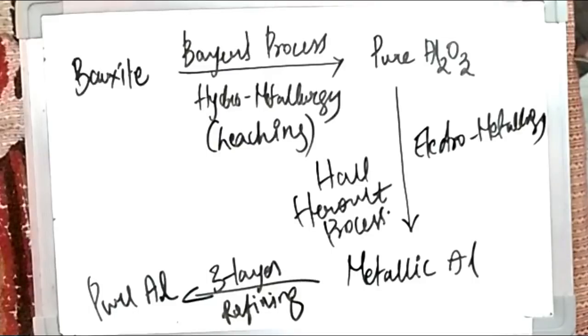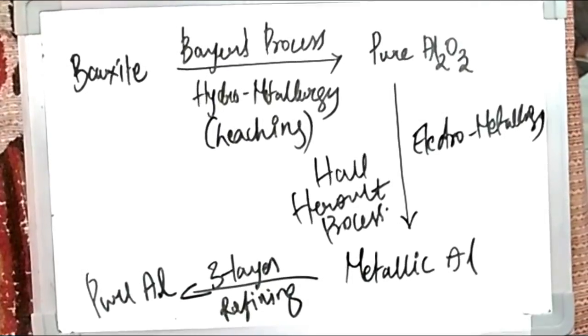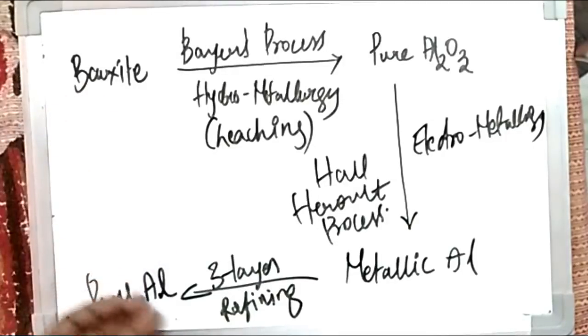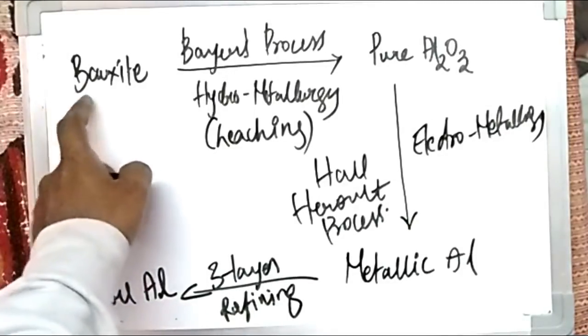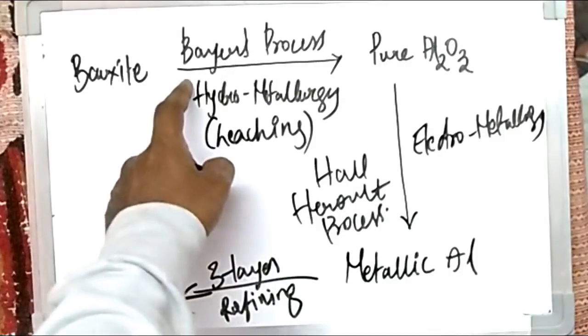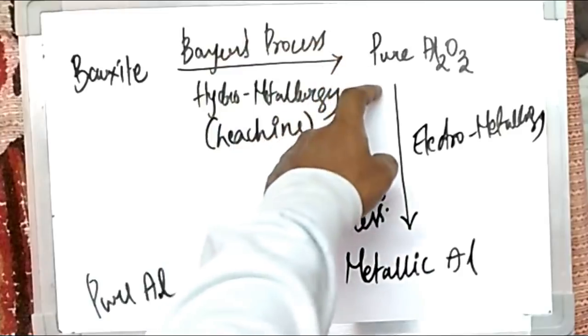Okay, this is about the flow chart, or how the ore, that is bauxite, is converted into pure aluminum. Firstly, bauxite is taken into leaching, a hydrometallurgical process known as Bayer's process, to convert it into pure Al2O3.